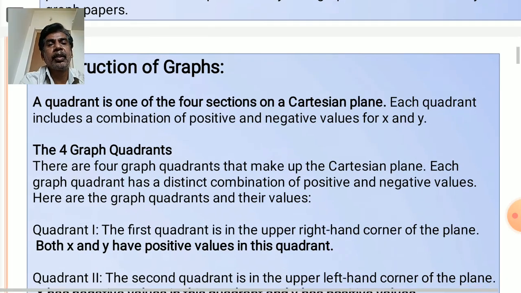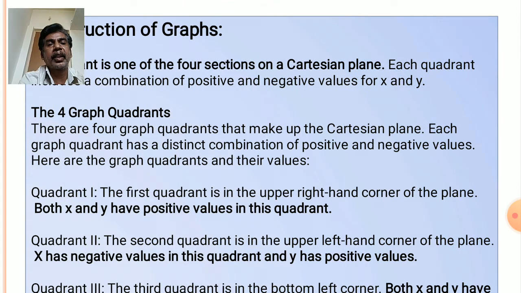There are four graph quadrants that make up the Cartesian plane, and each graph quadrant has a distinct combination of positive and negative values. Here are the graph quadrants and their values.